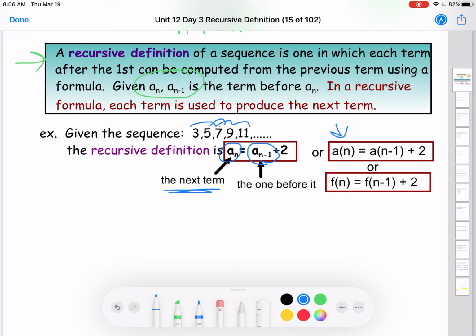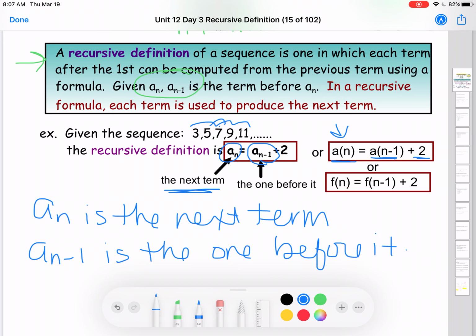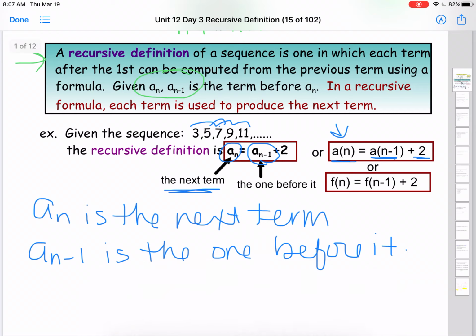And again, all you do is say the next term is the one before it plus 2. So I just need you to get it in your head that a sub n is the next term. A sub n minus 1 is the one before it. We're just going to say it in words.